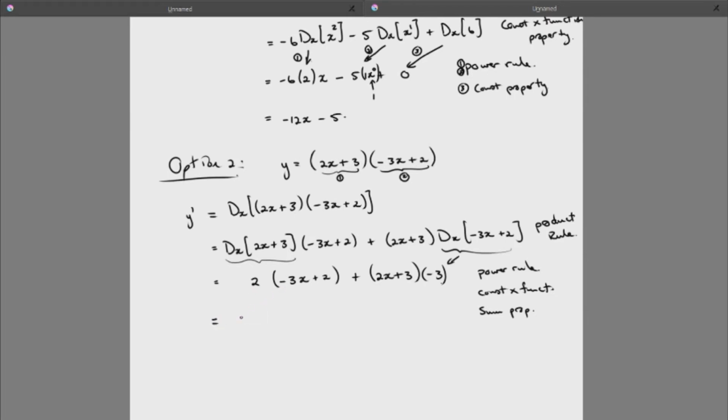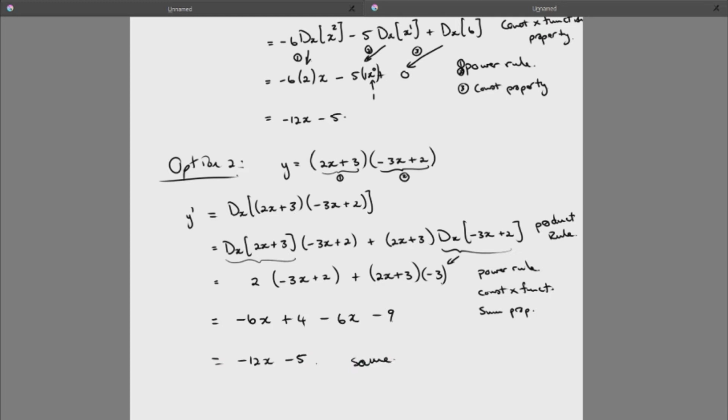So the 2 going in there is negative 6x, then plus 4. Then I have a negative 3 into the bracket there to give me a negative 6x again, and a negative 9. And I do get the same answer.